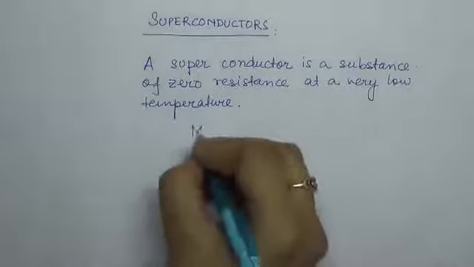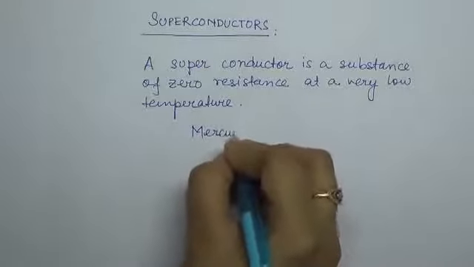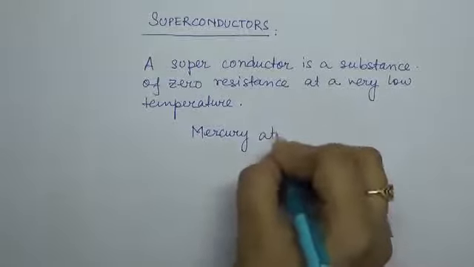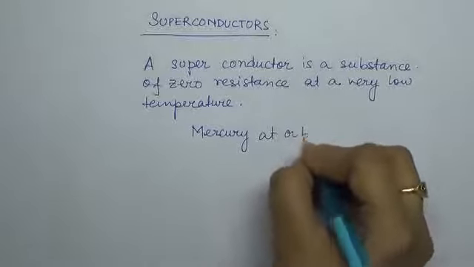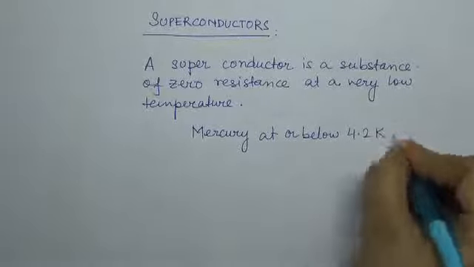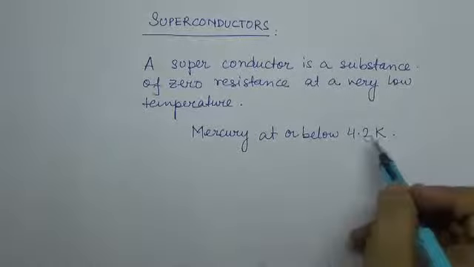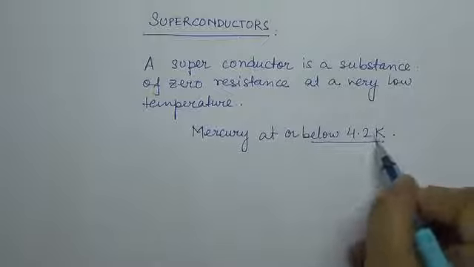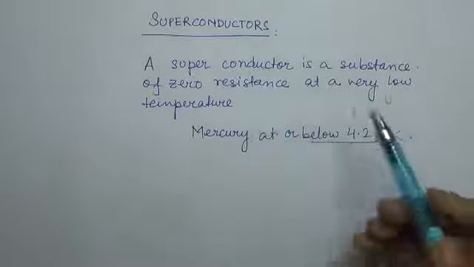Mercury is not normally a superconductor, but mercury at or below 4.2 Kelvin will act as a superconductor, because below 4.2 Kelvin the resistance of mercury will be zero.